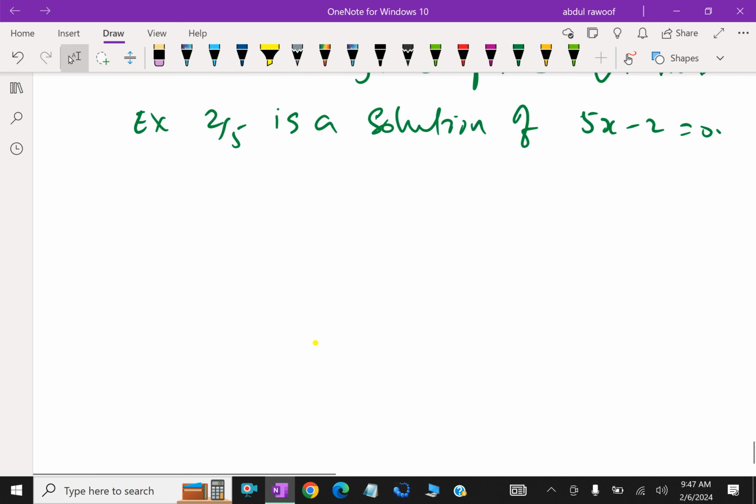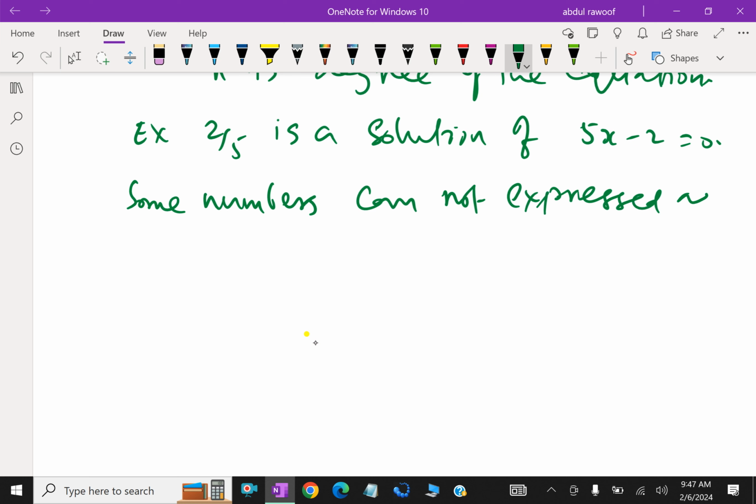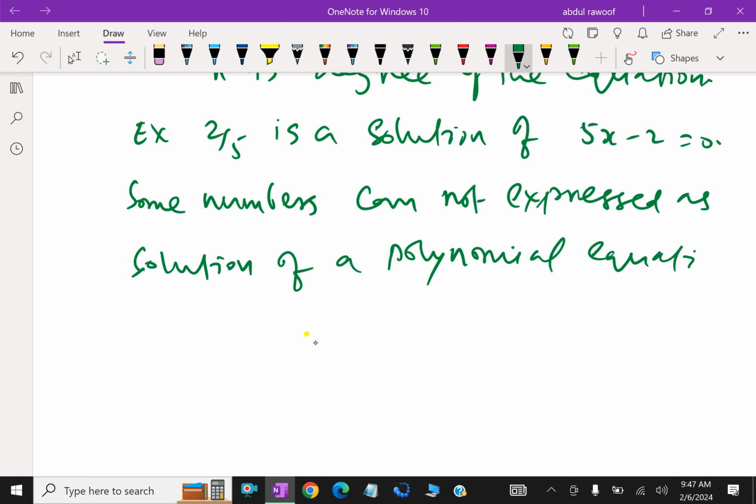That means some numbers cannot be expressed as a solution of a polynomial equation.